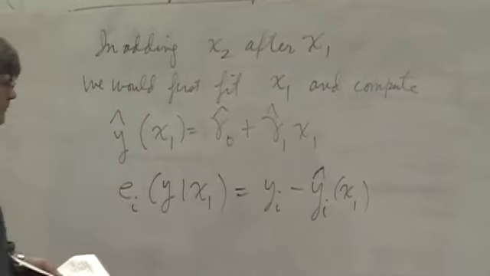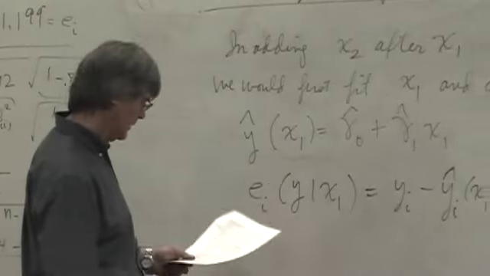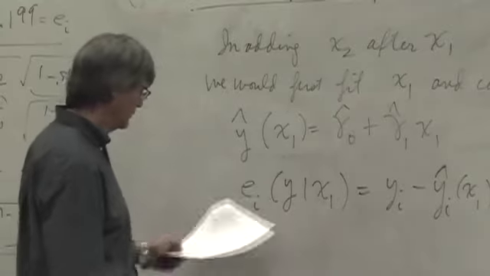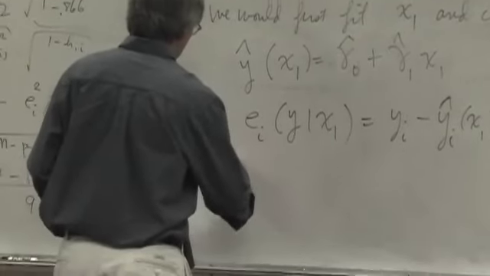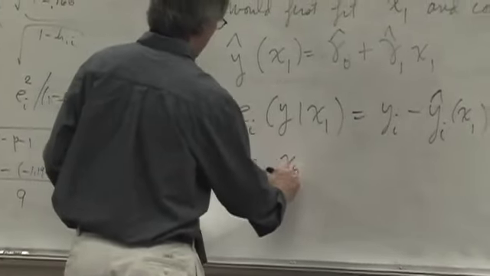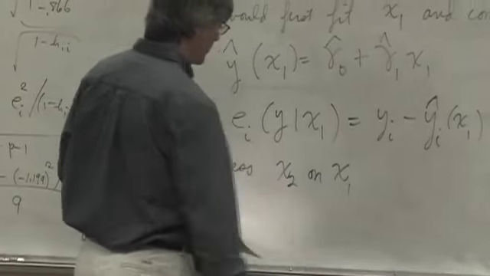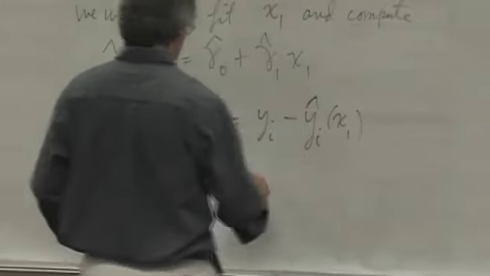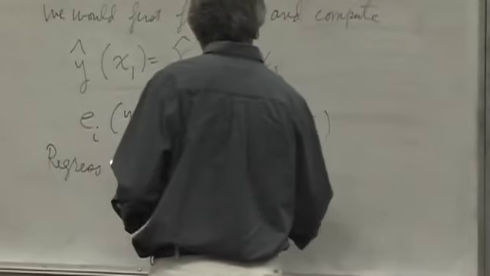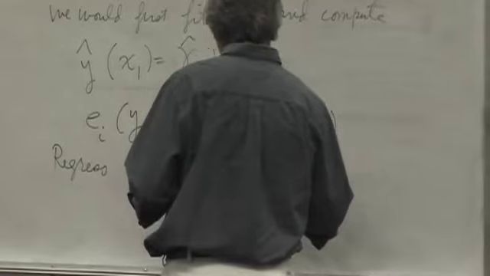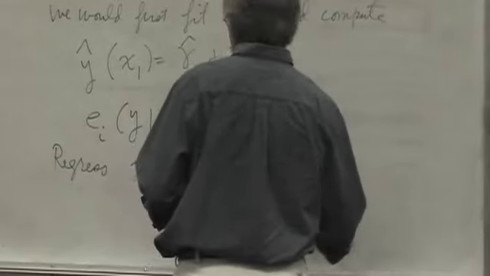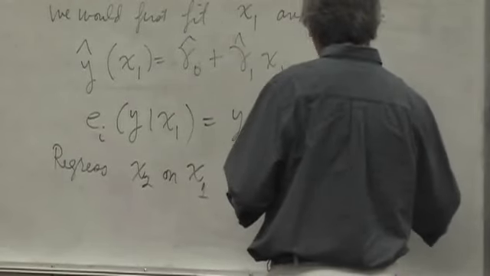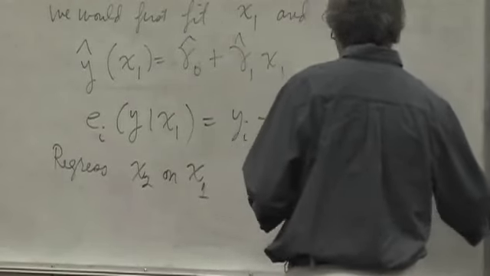Now, what are we going to do? We're going to regress x2 on x1 and find the following. You obtain that with a simple linear regression of x_i2 on x1. So you're going to do a similar thing: x hat_i2 equals alpha 0 hat plus alpha 1 hat x_i1.